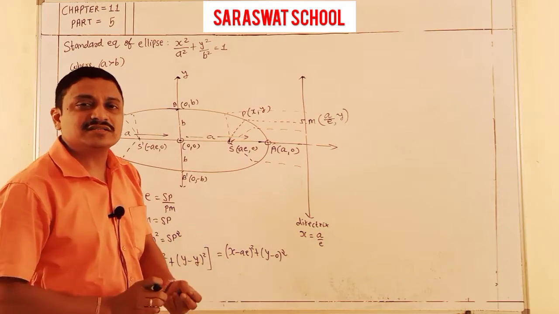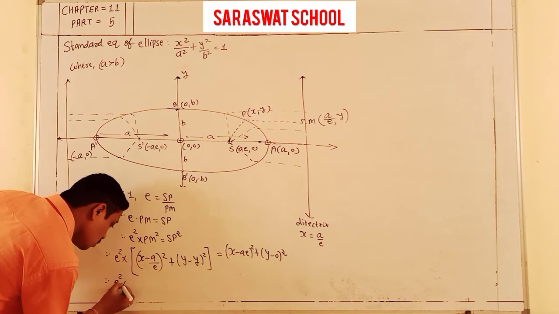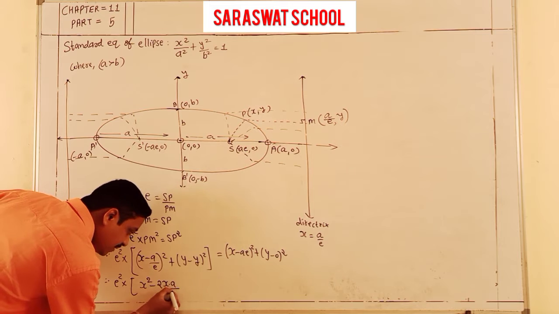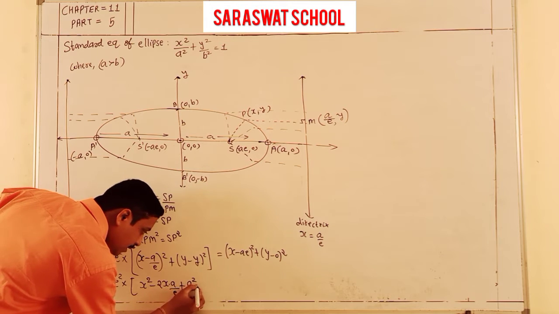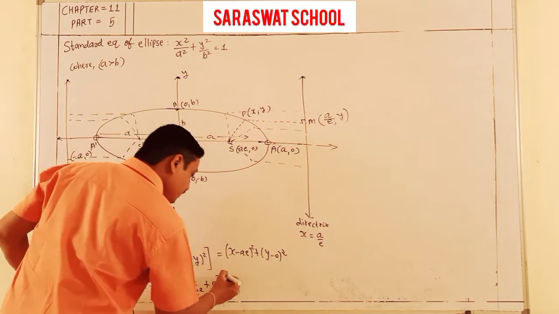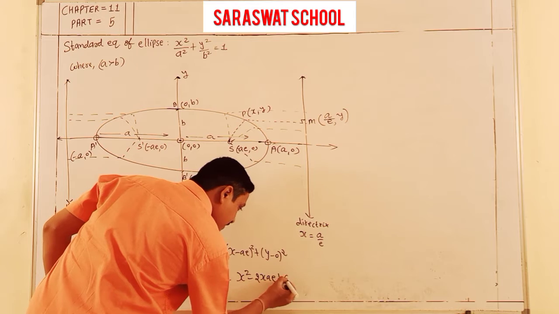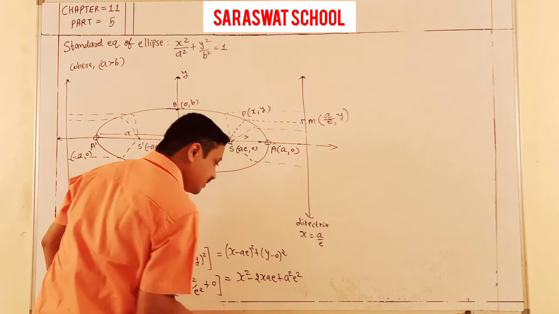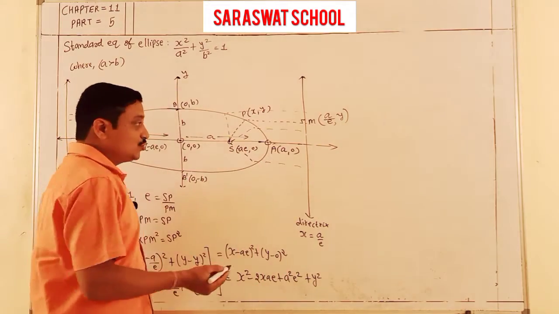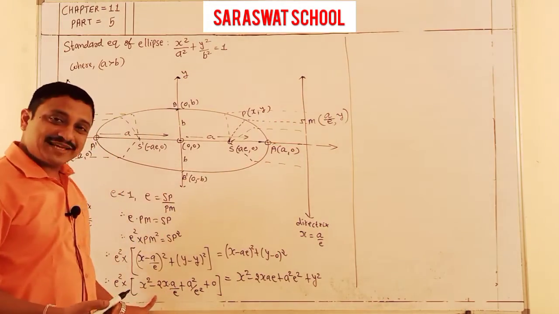And now start simple expansion. So my expansion is, students, x square minus twice x a by e plus a square by e square, plus 0. Similarly, x square minus twice x a plus a square plus y square, and you will simplify it up to e square, then multiply simply.